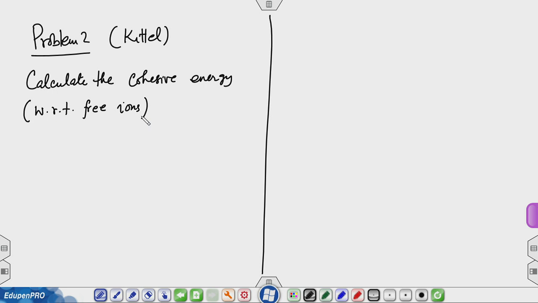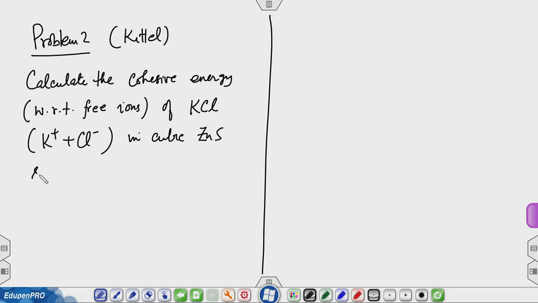And when I say with respect to free ions, that means I am not really taking into account the ionization potential and electron affinity. I am just taking this crystal and just separating it into ions of KCl, which is obviously K plus and Cl minus, in cubic zinc sulfide structure.